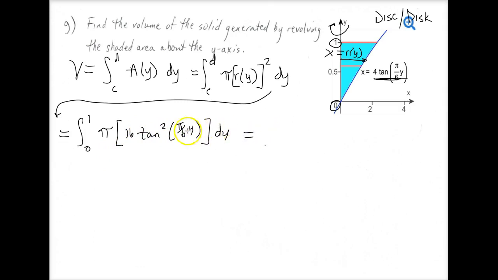So we will factor out the 16 pi, 0 to 1, tangent squared of pi over 6y dy.